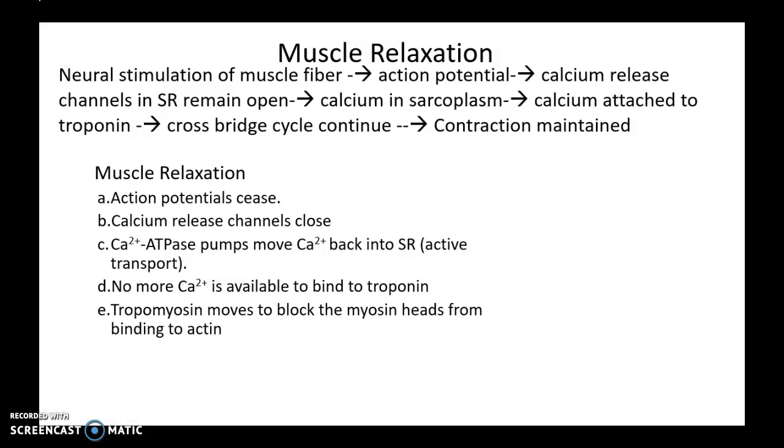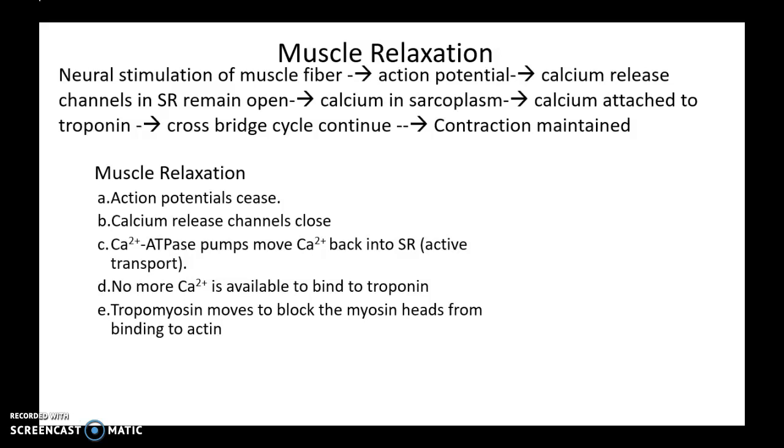So we understand that as long as there is neural stimulation of the muscle fiber, there will be action potential coming down the motor neuron. As the action potential comes down the motor neuron, acetylcholine is released, and that will excite the muscle fiber.